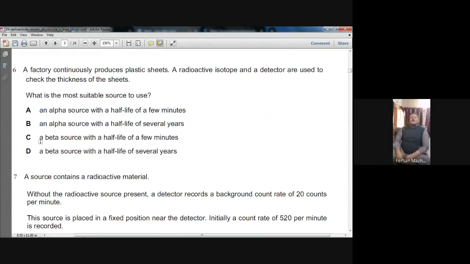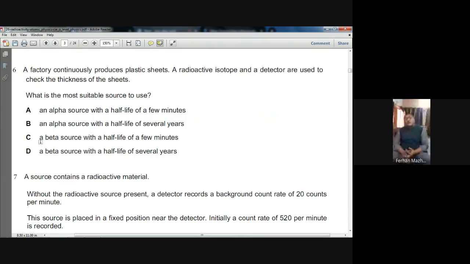No, alpha particles will not be able to pass through the plastic sheet. An alpha source with half-life of several years, alpha particles cannot pass through the plastic sheet. C is a beta source with a half-life of a few minutes.